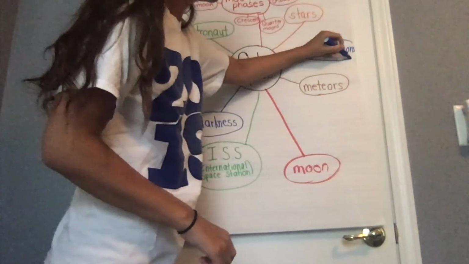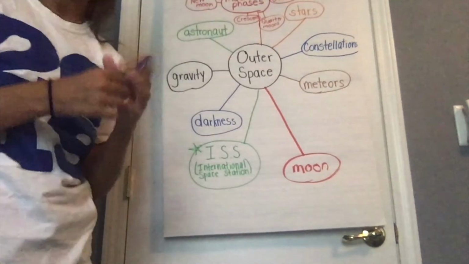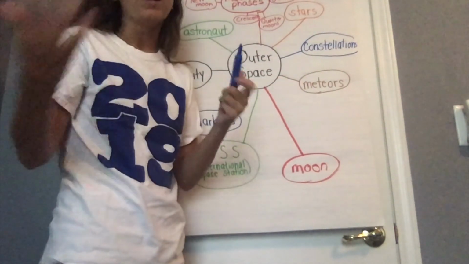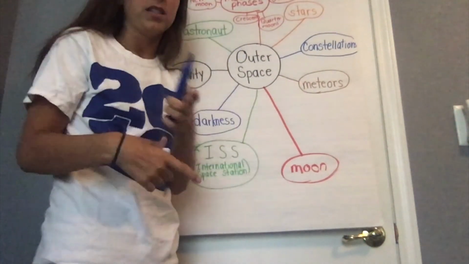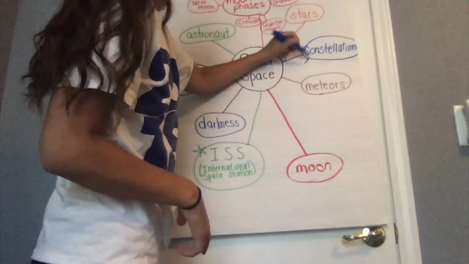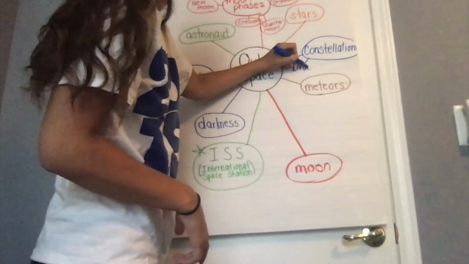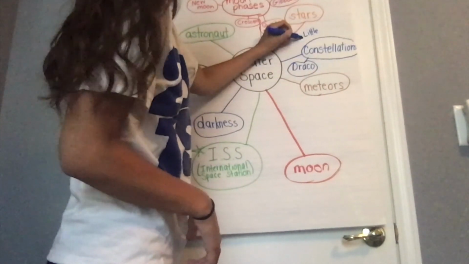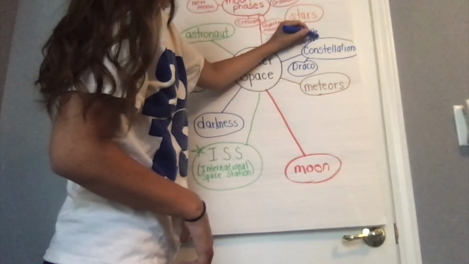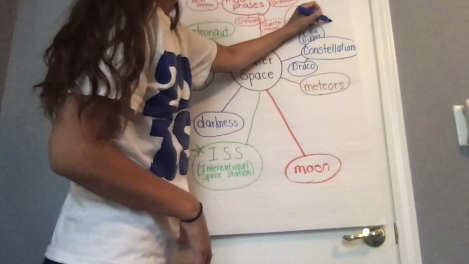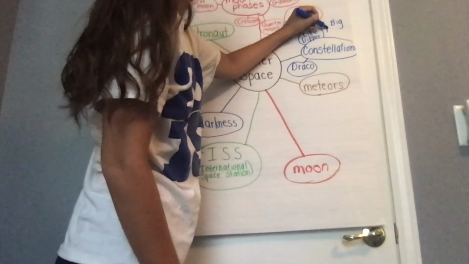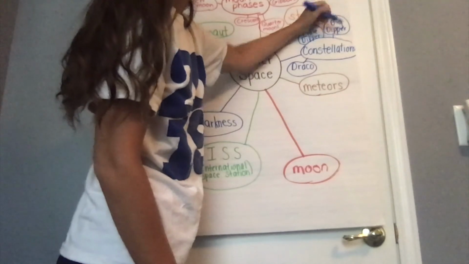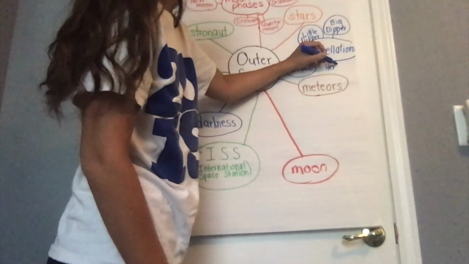And I would like to do the same thing I did yesterday with the moon phases and build off of this bubble. So when I think of constellations, I'm thinking of specific constellations, like Draco, the one that looked like a snake, Little Dipper, Big Dipper, and one I didn't build but I know about is Hercules.